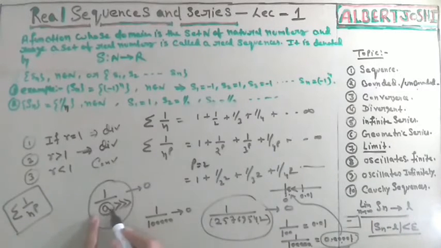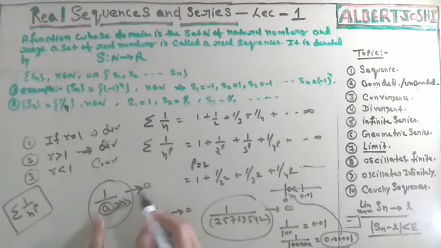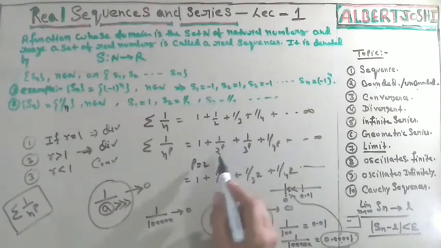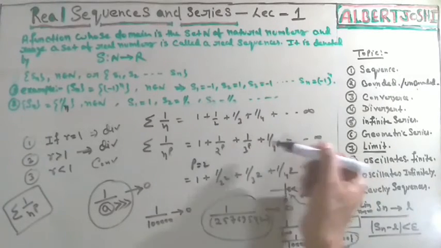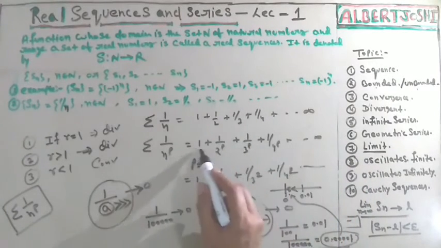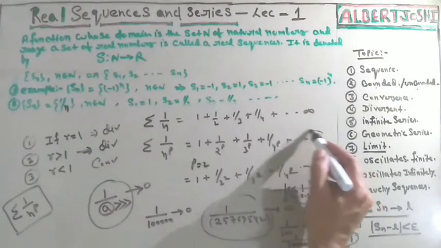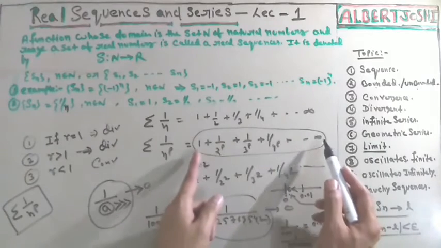So whenever the lower value is increasing, the whole value is going to 0. Same thing also here. Whenever you are increasing the p, then the whole value is converging to 0. In this condition the sum of all the values gives you a finite value.